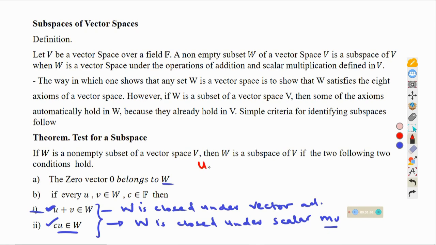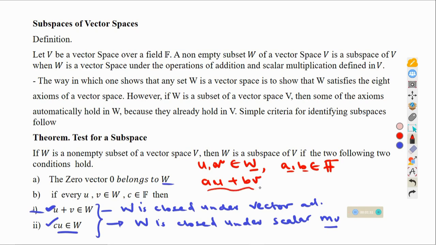For example, if you have U and V as elements of W, you also pick any scalars, maybe A and B, from the scalar field. So instead of proving 1 and 2, you can prove them at once by combining the two. If I have U and V as vectors in W, and two scalars A and B, then I can simply prove the two conditions at once by taking the linear combination of the two, that is AU plus BV.